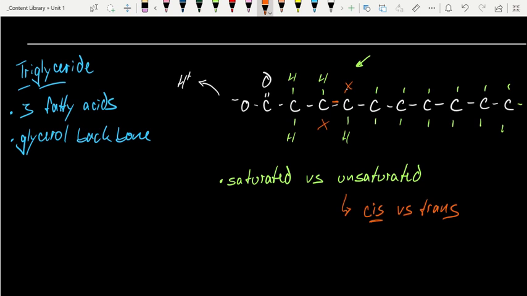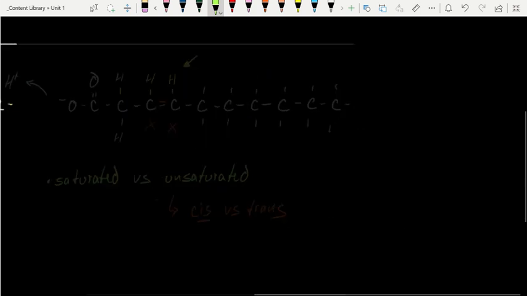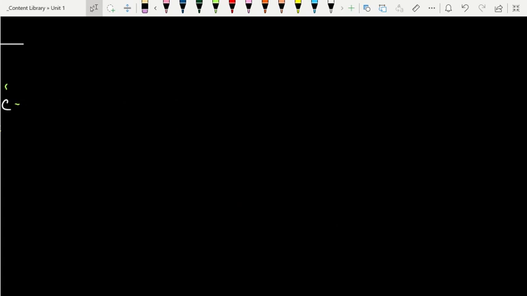Why is it important that we know the difference between these? Well, let's go back to the cis fat, and let's maybe draw it in a different way. We know that these carbon-carbon double bonds and the carbon-hydrogen bonds, they're not coming off of the carbon at a 90-degree angle like we've drawn it. Rather, they tend to be more like this.